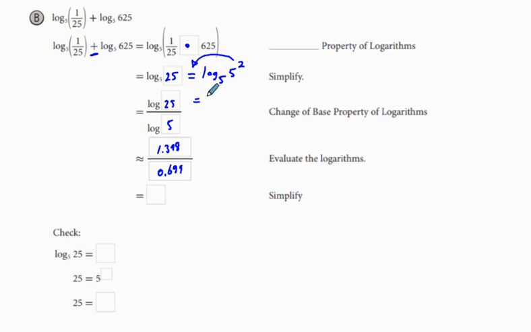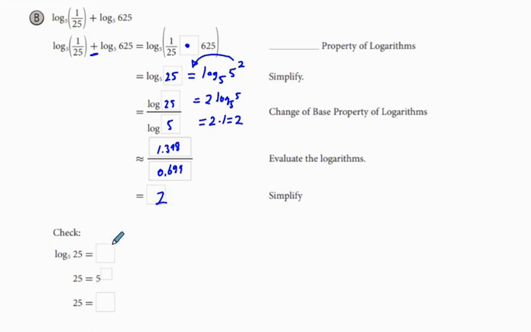So that's going to be equal to 2 log base 5 of 5. So what power do you have to raise 5 to equal 5? 1. So log base 5 of 5 is 1. So 2 times 1 equals 2, which is the same thing you get when you make this division here.